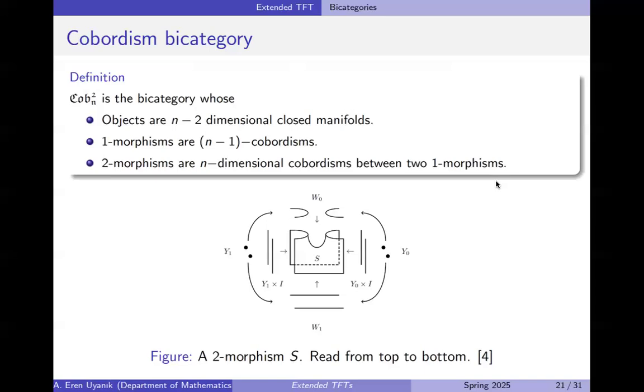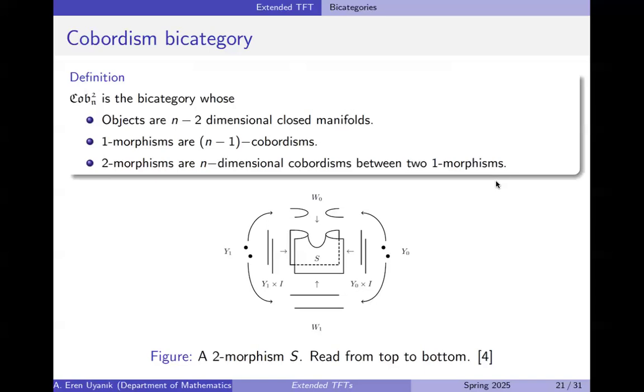To define it formally, we need the concept of a manifold with corner. A manifold with corner is a manifold with a corner like this. In a manifold with boundary, a boundary is something that is homeomorphic to the upper half plane, and in a manifold with corner, you just take the positive axis.